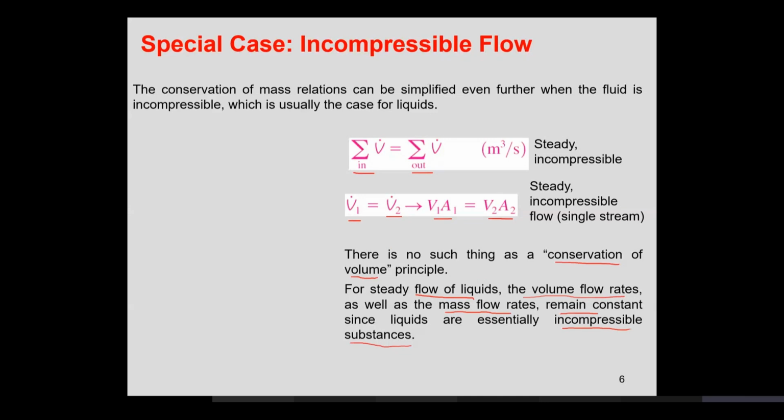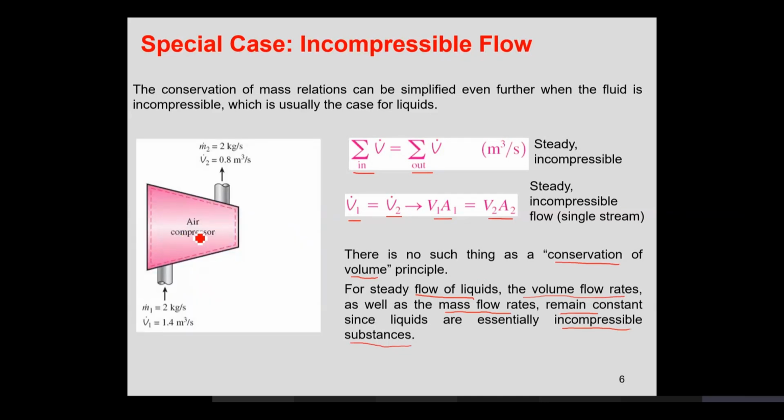Let us have a look at an example. If you have an air compressor with steady state flow, meaning one inlet and one outlet, your mass flow rate at inlet is equal to the mass flow rate at the outlet. This is governed by the steady flow. Now, in an air compressor, density at the inlet would be less than the density at the outlet, so density 1 should be less than density 2.